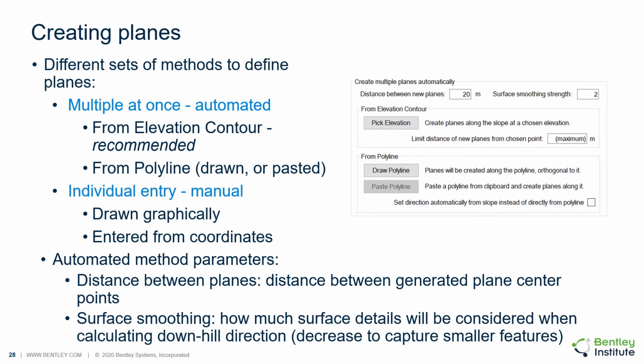When the user selects to enter automated plane generations, they select the distance between the planes, as well as the amount of surface smoothing to consider in order to calculate the downhill direction. A decrease in the surface smoothing strength number allows capture of smaller features on the topology.